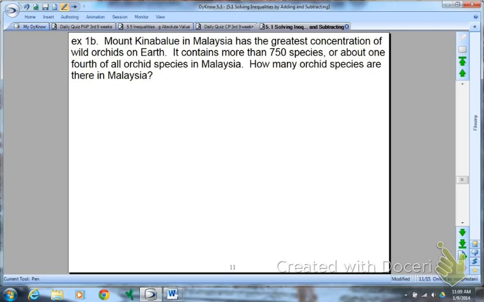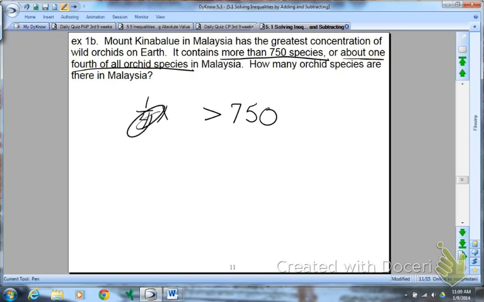How many orchid species are there in Malaysia? Okay, more than 750. How would we write that? Greater than 750, which is the same thing, about 1/4. Do we know how many species? No, so that's 1/4 x. So that is the equation.